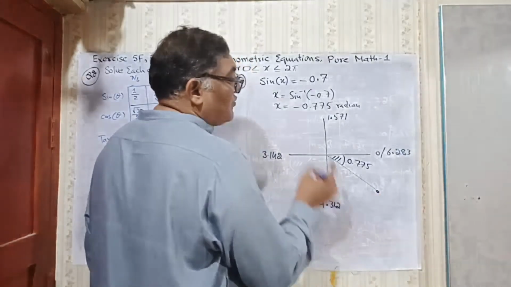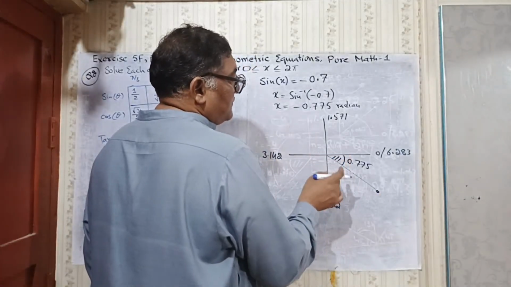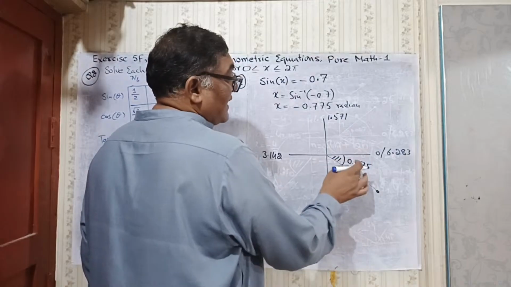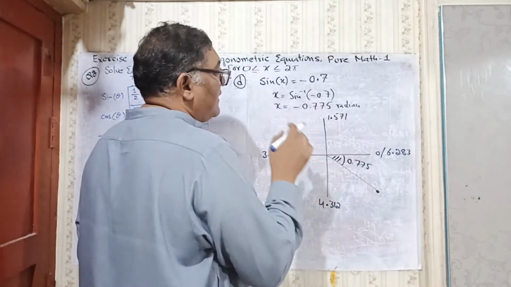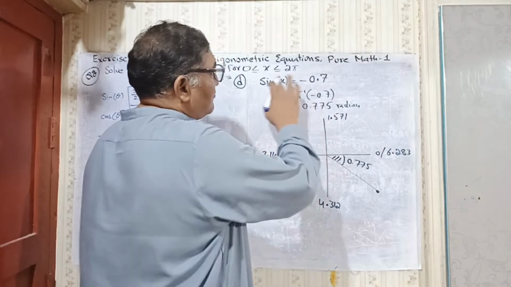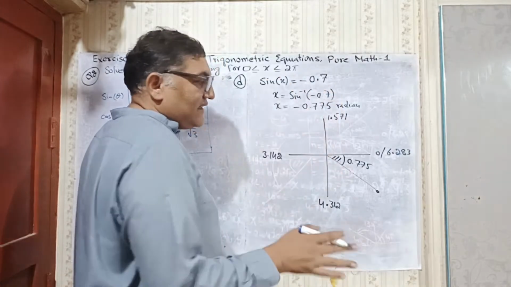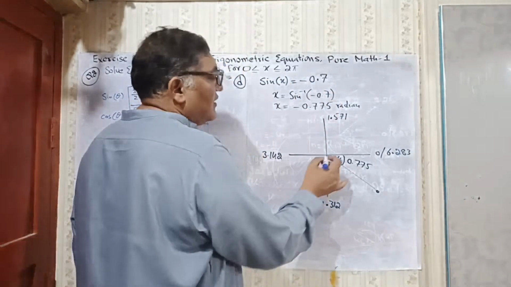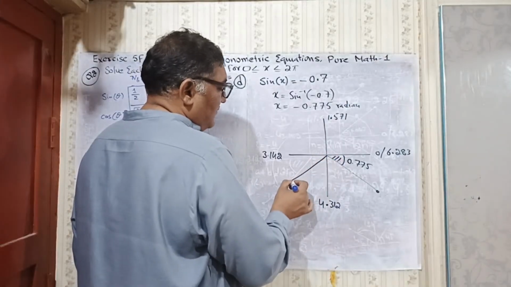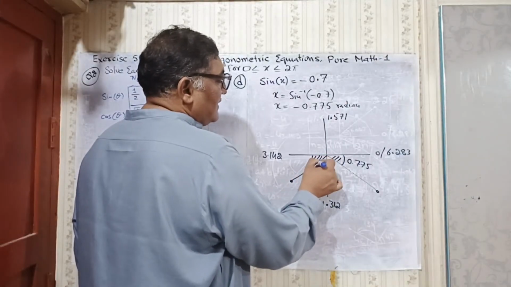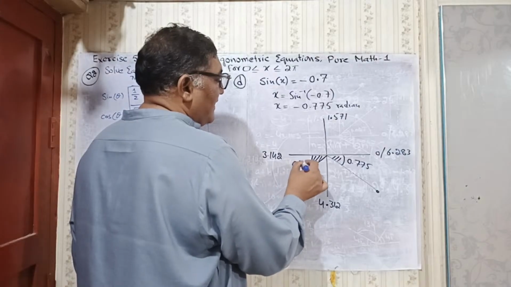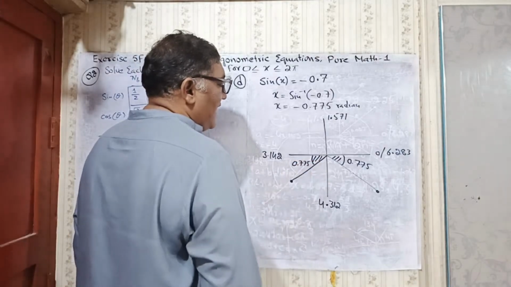So I have to tell how much this angle is if I come from the positive side. Another thing: the sine is negative in two places, here and here, in the third quadrant also. So I will mark that this can also be the answer. 0.775 is the base angle.